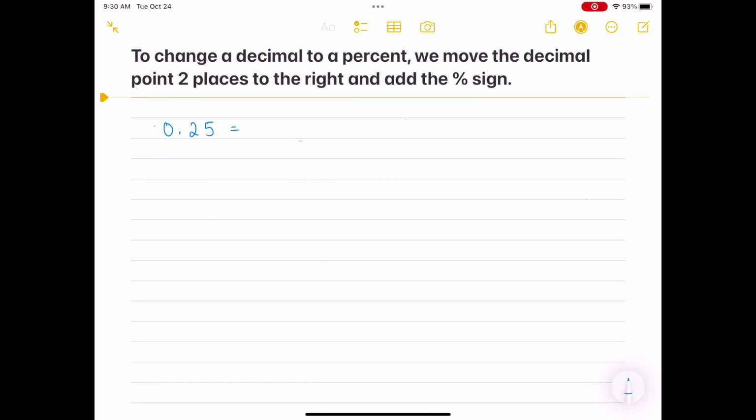The decimal 25/100ths, or 0.25, written as a percent, we take the decimal point, move it 2 places to the right to end up with 25%. Next, we look at the decimal 25/1000ths, or 0.025, written as a percent.